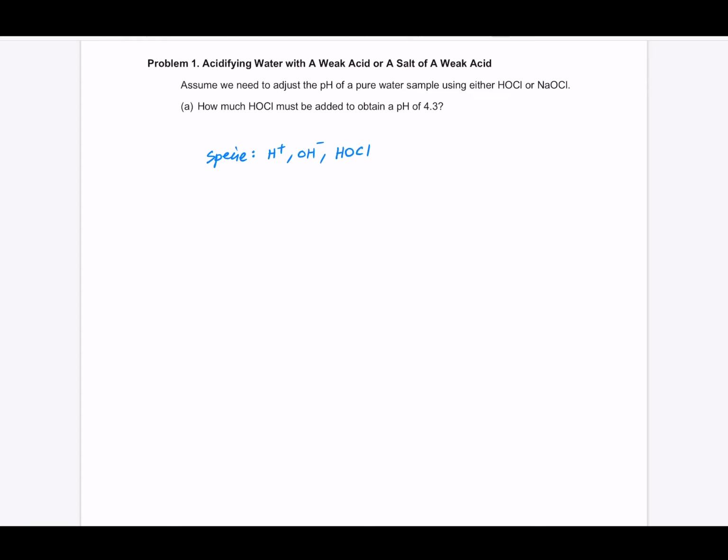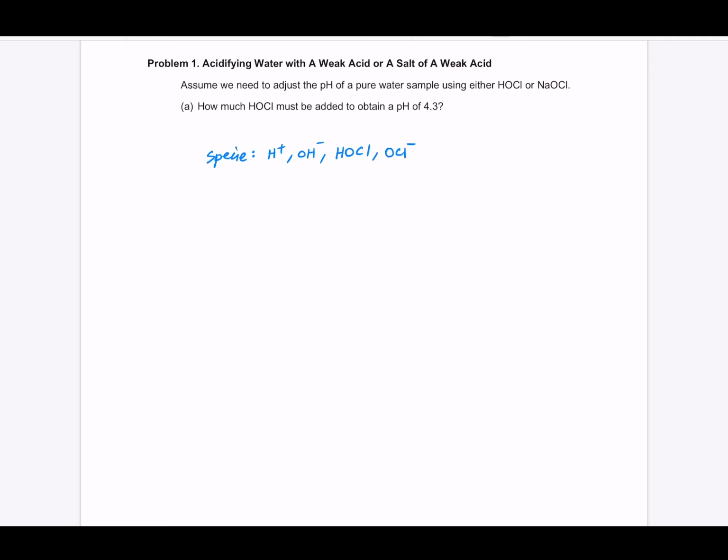So just keep in mind, we have both HOCl and also OCl minus, because this is a weak acid, we don't have the full dissociation. If it was, let's say, HCl, then we don't have HCl as a species. We only have Cl minus because it's a strong acid, it fully dissociates.